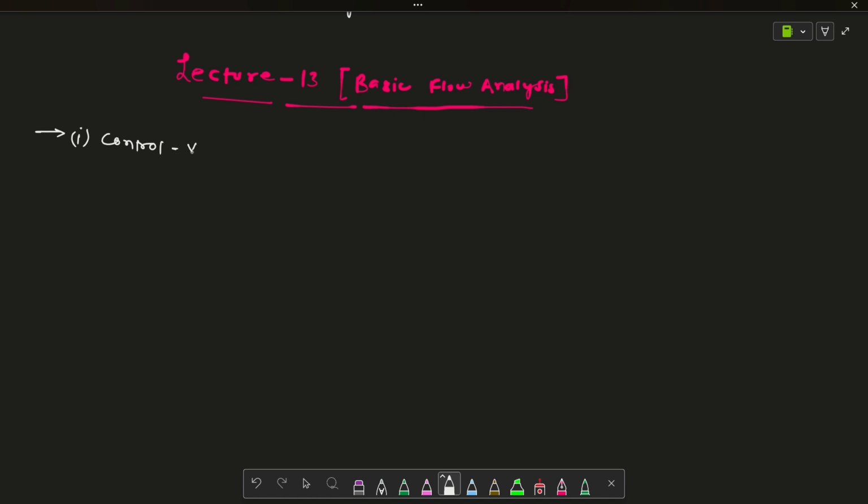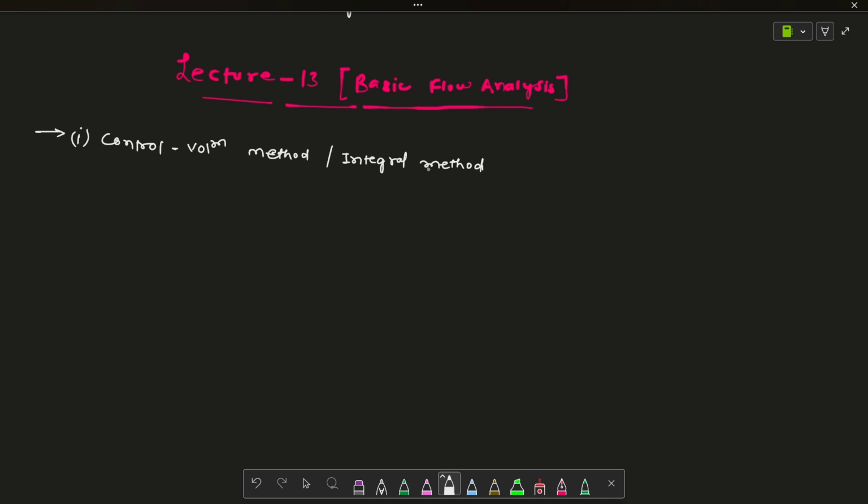The control volume method, or we can call it the integral method. Many of you could understand from the word itself. In this method we take a packet of fluid where plenty of fluid particles will be there.